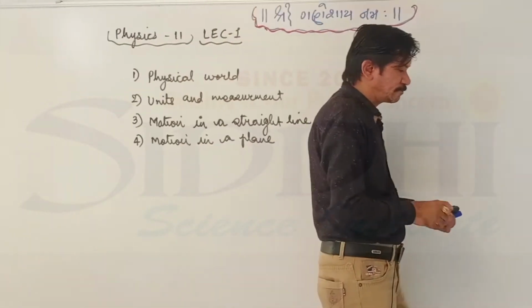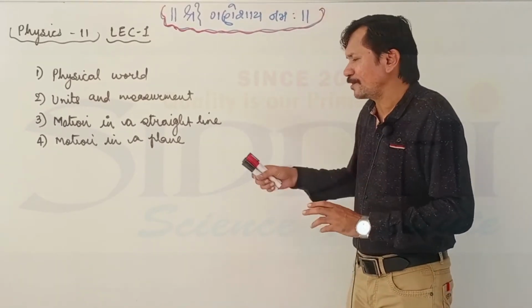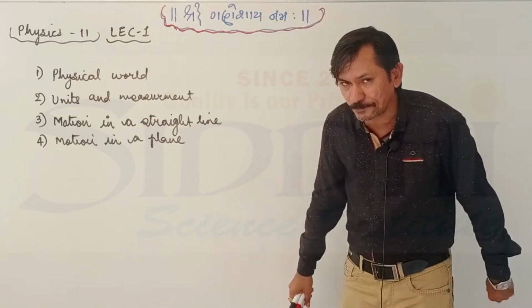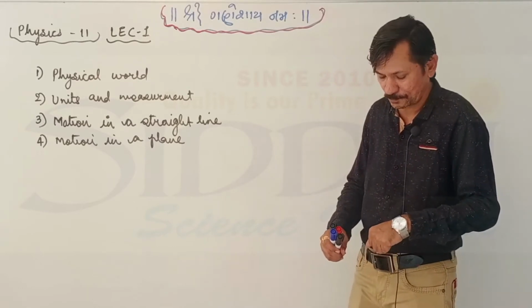Motion in a straight line and motion in a plane. These are not two different types of motion. First of all, you get the word motion. You know very well about motion. In 9th standard you studied motion.